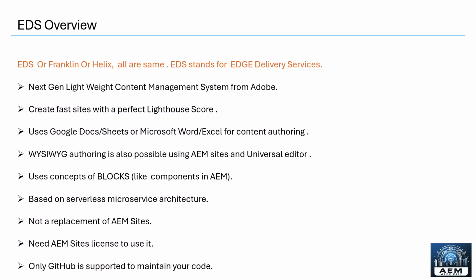So these sites are basically a little bit different from the normal AEM sites. They need to be tuned a little bit. So we'll talk about this. So that is how you do the Universal Editor editing. Basically, suppose you want to use it with AEM, so there can be two use cases where it can be used together.